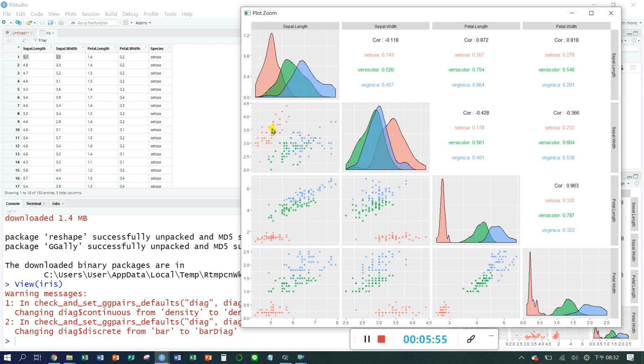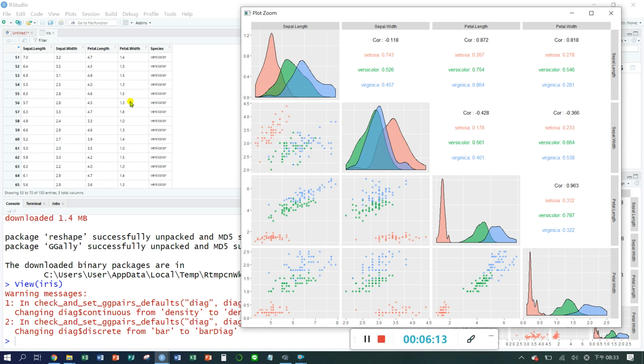And the species for this observation is Setosa, so it paints the point with pink color, right? Okay, so let us have some examples for another species, which is the green color.